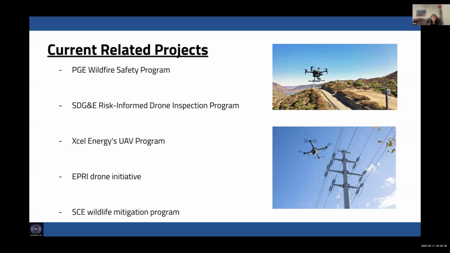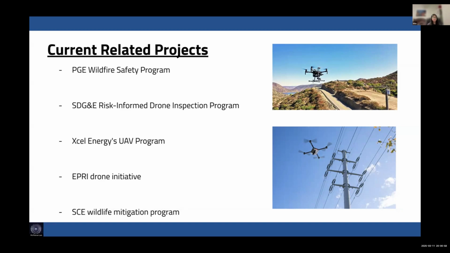The company inspects more than 320,000 miles of electrical and natural gas infrastructure to ensure the safety and reliability of its energy system. EPRI explores using autonomous drones for inspecting power lines and other utility infrastructure as well. This can improve both efficiency and potentially safety by reducing the need for the workers to physically climb onto these power lines and other structures.